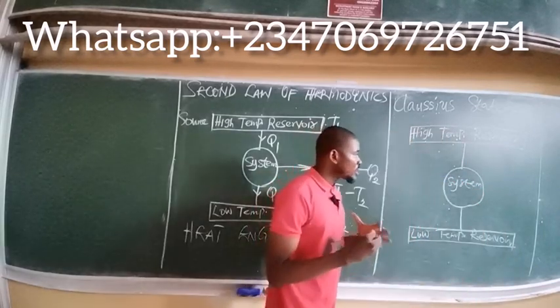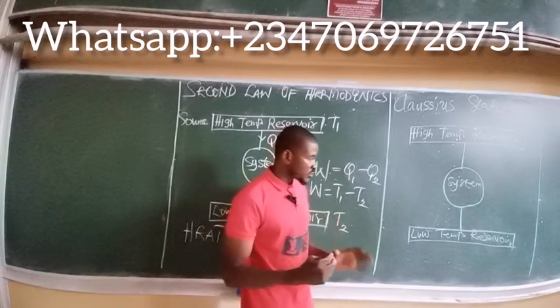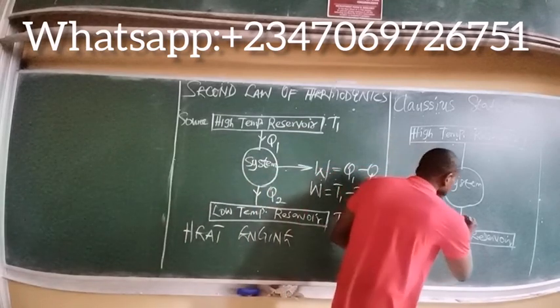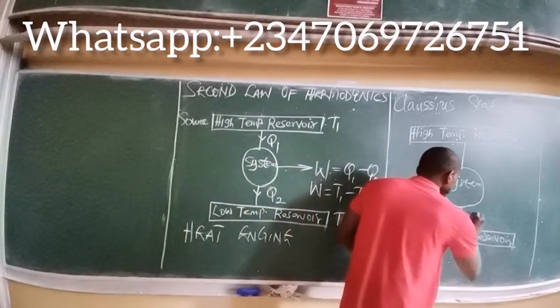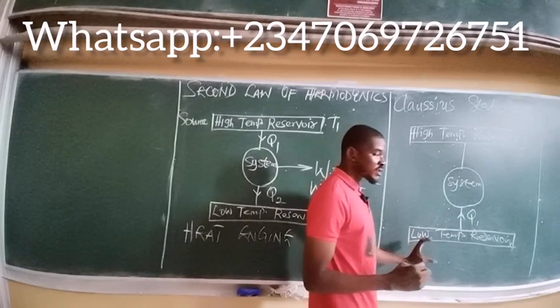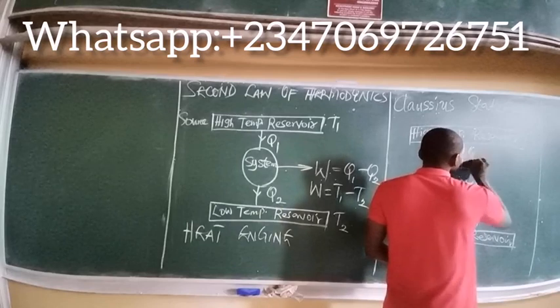All right, so according to the Clausius statement, like I said, it is a reversed heat engine. So now heat is being supplied from a low temperature reservoir. Simply call this Q1. Heat is now being transferred from the low temperature reservoir down to the high temperature reservoir. Simply call this Q2.